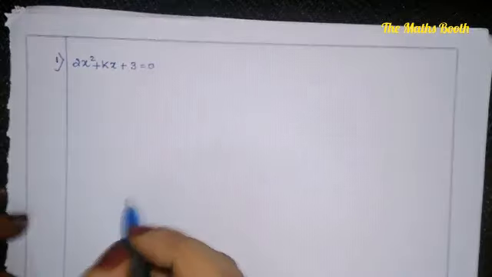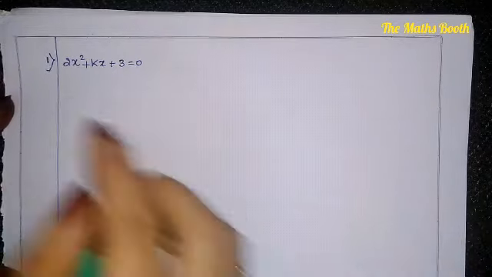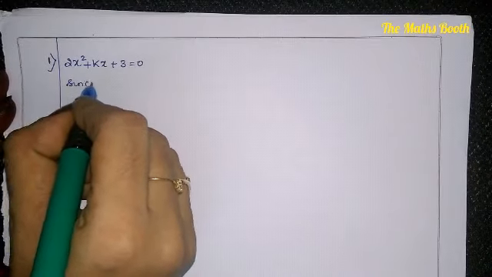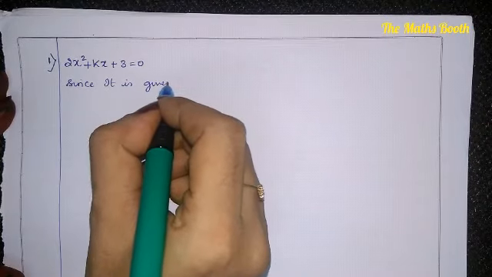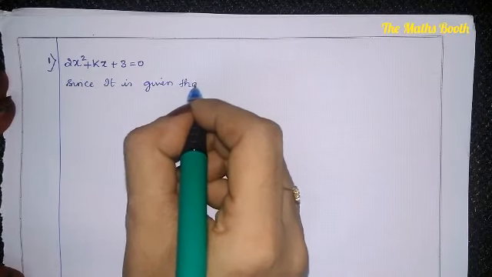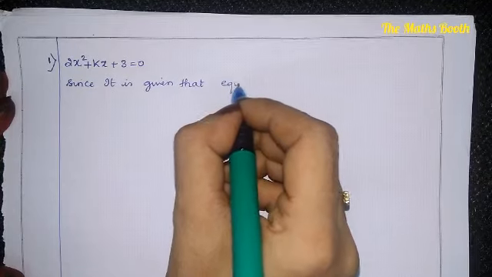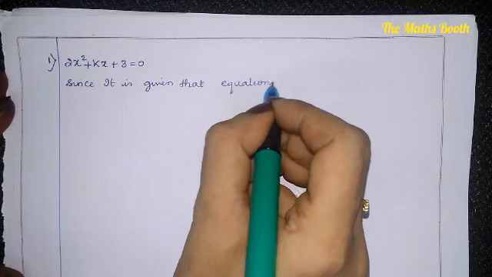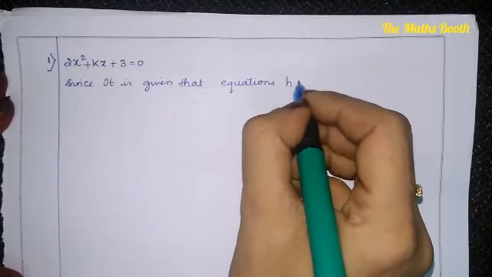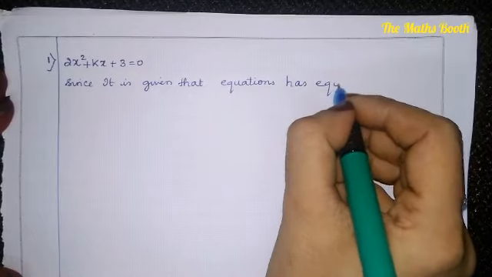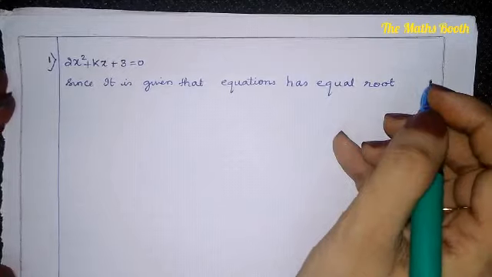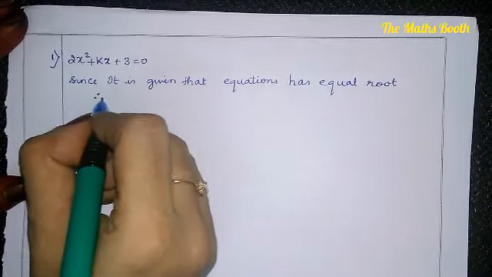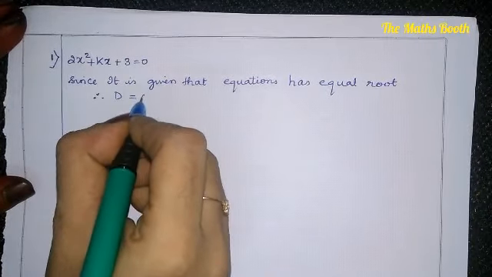Okay, it is given that the equation has equal root. It is told in the question. Therefore d is equal to 0.